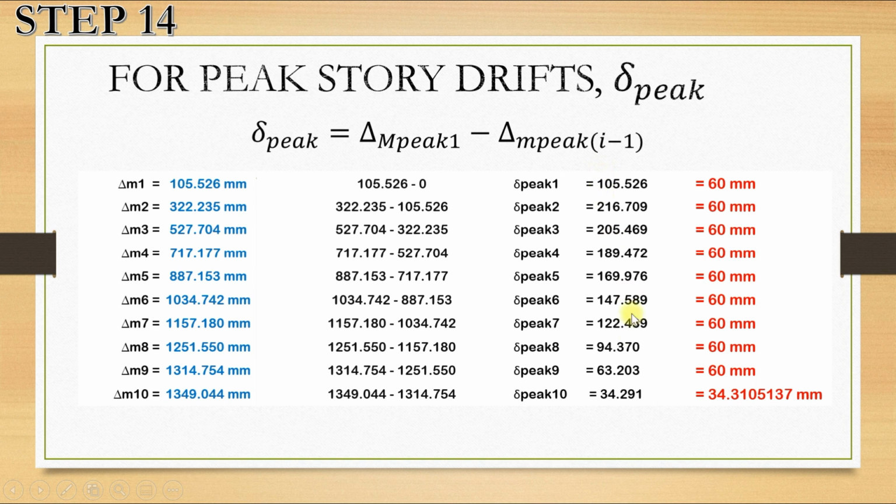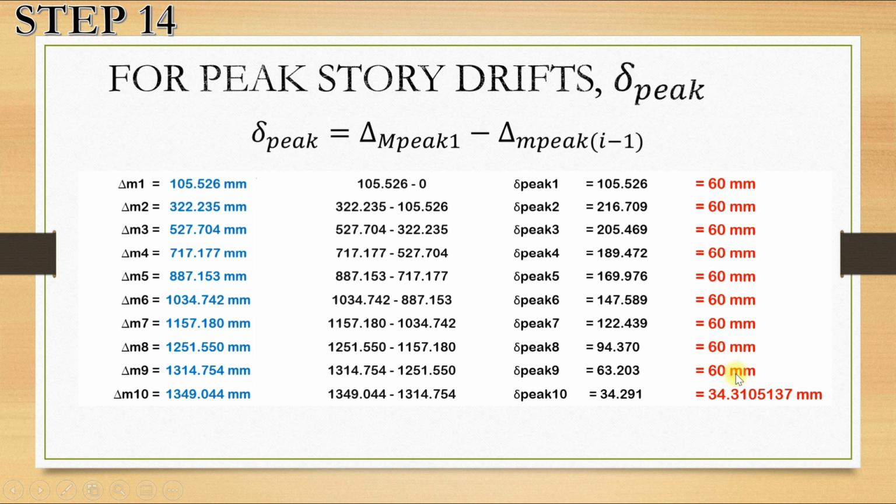So, itong peak story drifts na ito, since sumobra na sa 60, kung titingnan natin, mapapansin natin hanggang dito sa 9th floor, sumobra siya ng 60. So, idi-disregard na natin ito. Instead, papalitan natin ng 60 mm lahat since ito yung maximum lang na kailangan natin.